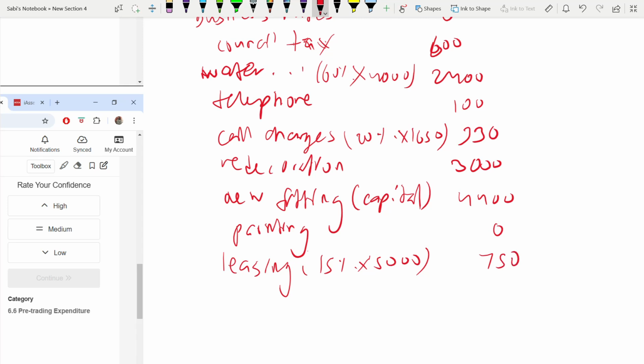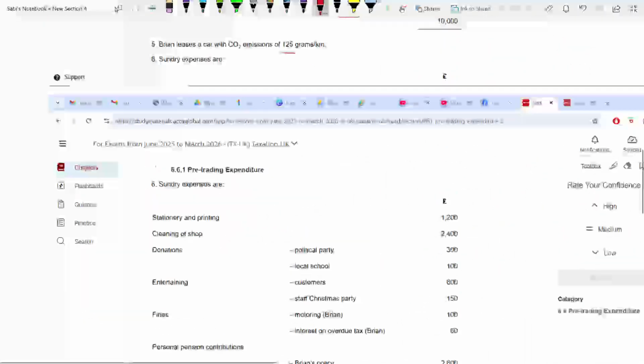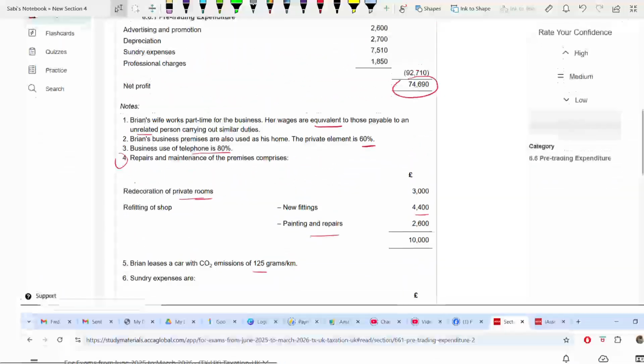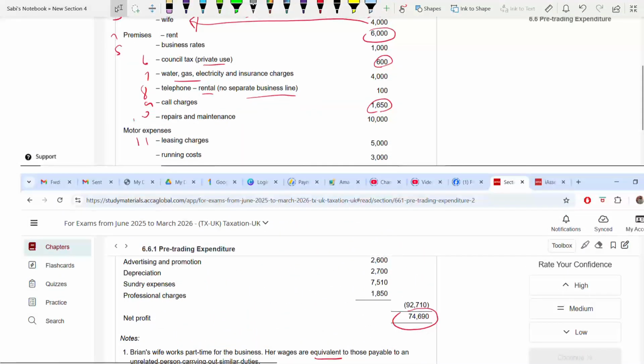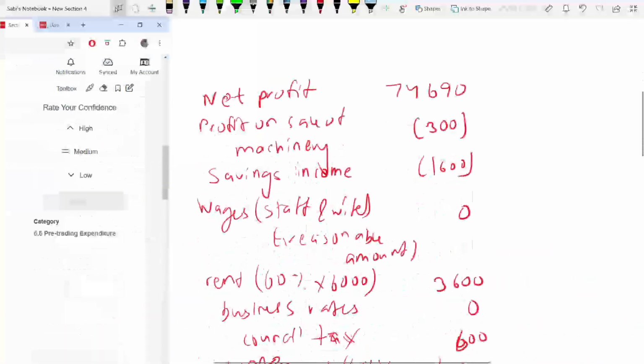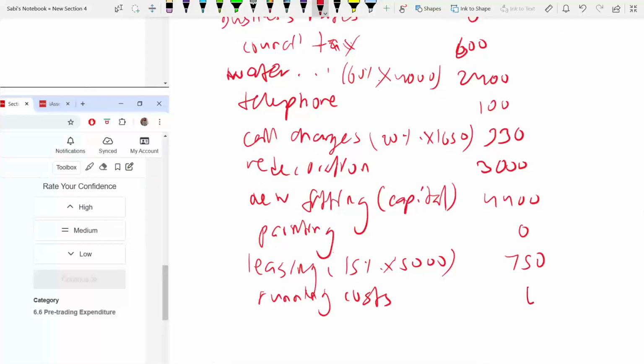Now the running cost. Okay. If you go and check the running costs, 3,000. This running costs are allowable. So running cost, no adjustment, you write 0. Now, what's the next expense in the list?